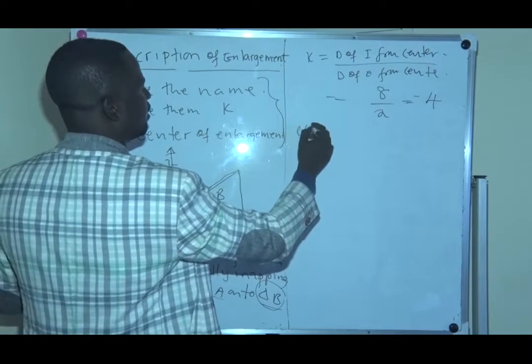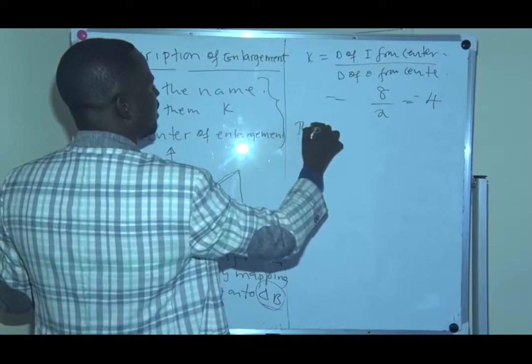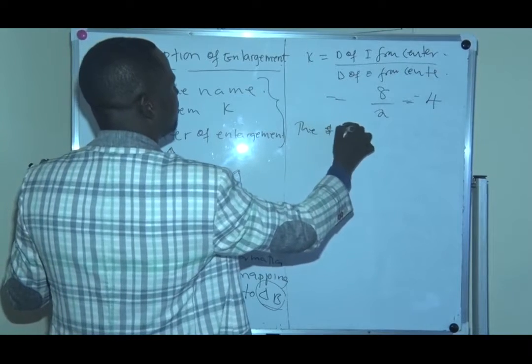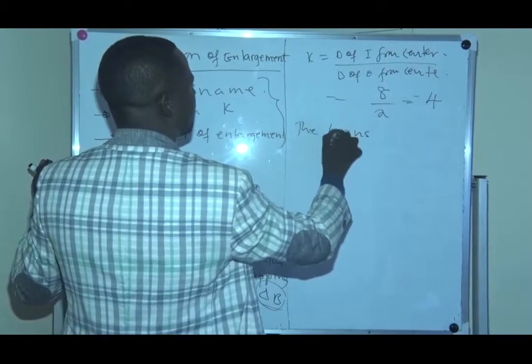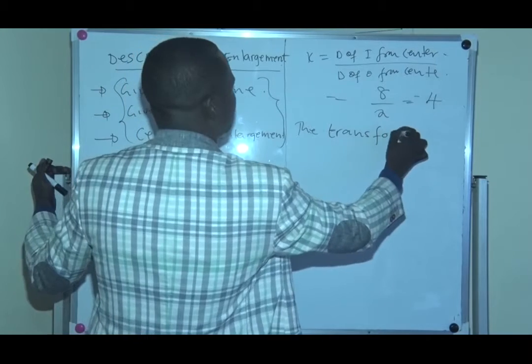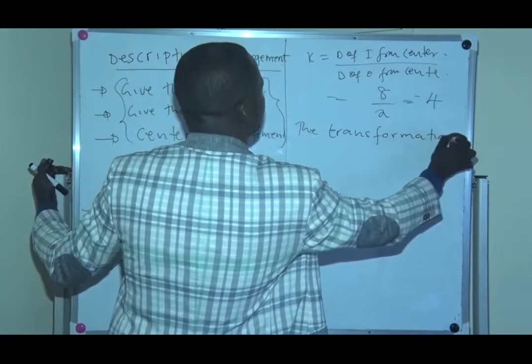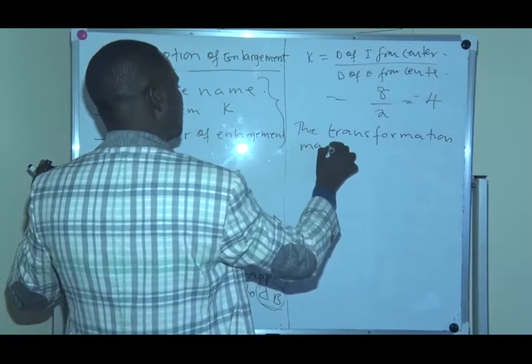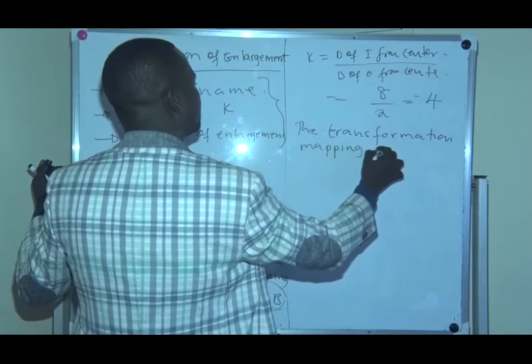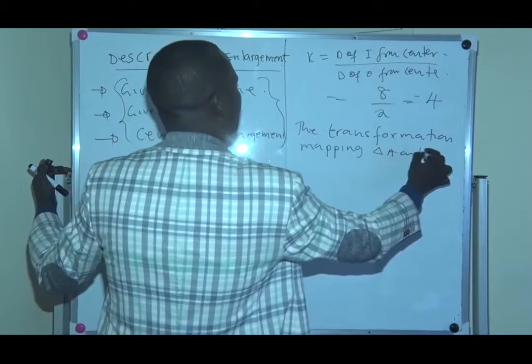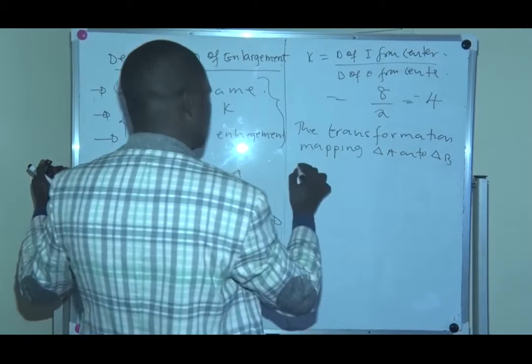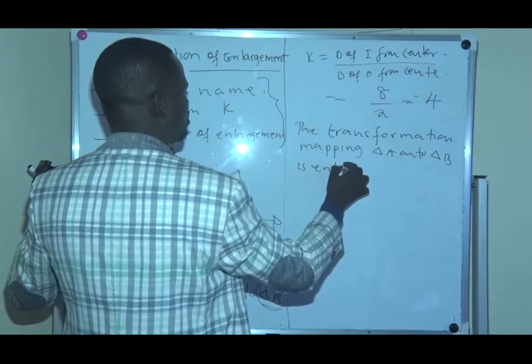So you can say the transformation mapping triangle A onto triangle B is enlargement. That is 1 mark.